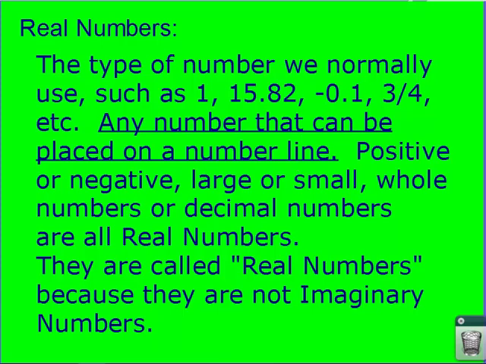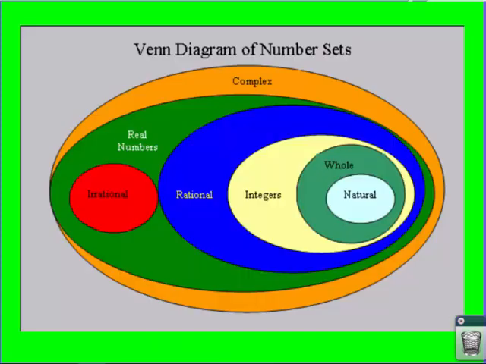Now, the other two sets of numbers that I would like you to be familiar with are imaginary numbers and complex numbers. The imaginary numbers are kind of a combination, so they would actually fit right in here. Imaginary numbers are kind of a number by themselves, but they're a combination of two sets: real numbers and complex numbers when we put them together.